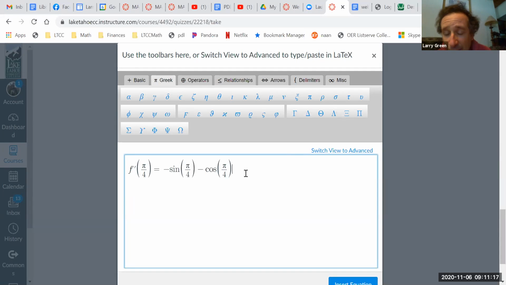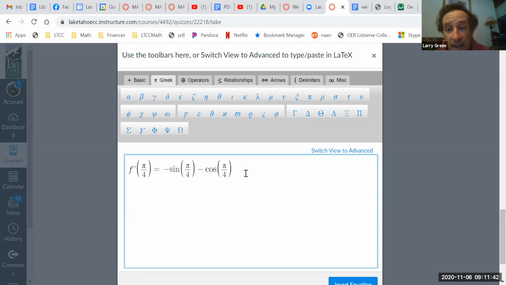And remember, pi over 4 is in quadrant 1. Sine and cosine in quadrant 1 are both positive. So what can you say about negative sine pi over 4 minus cosine pi over 4 in terms of the sign? Is it positive, negative, or 0?